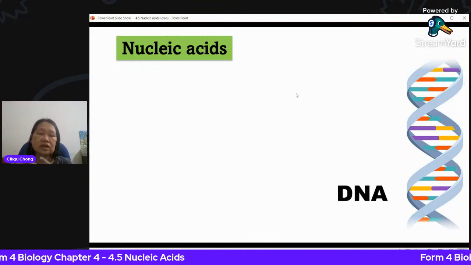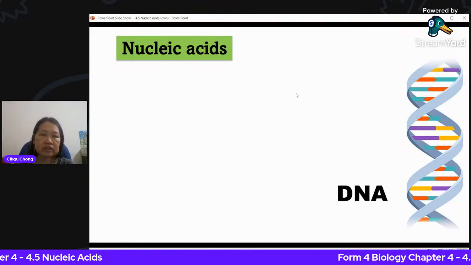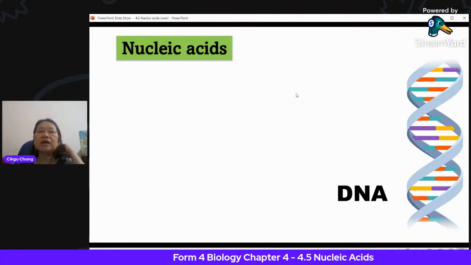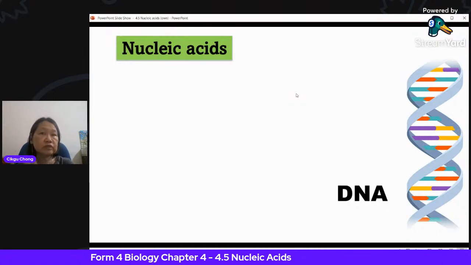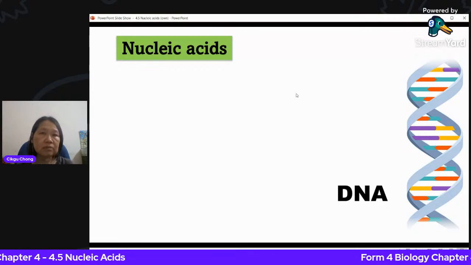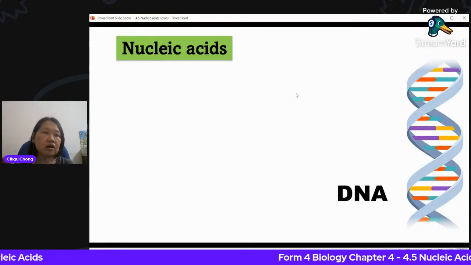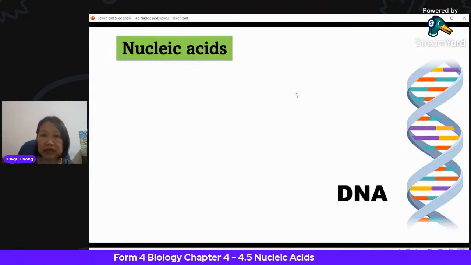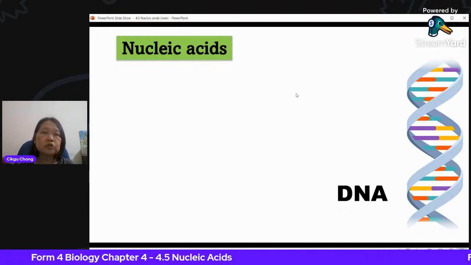It is a molecule which carries genetic information. Genetic information means it has information to produce proteins. And the proteins, as you know, are the basic building block of life. A lot of enzymes and a lot of substances are protein based, and you need the protein to produce all this.